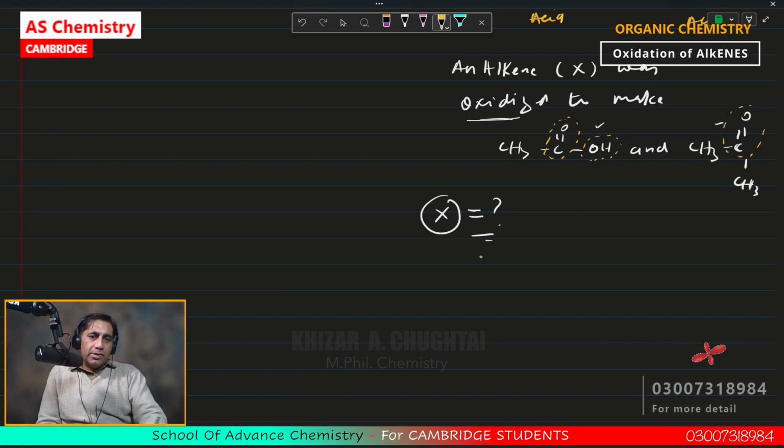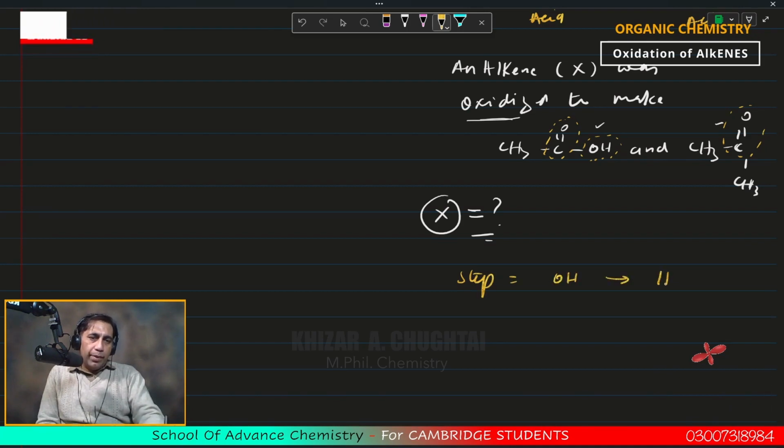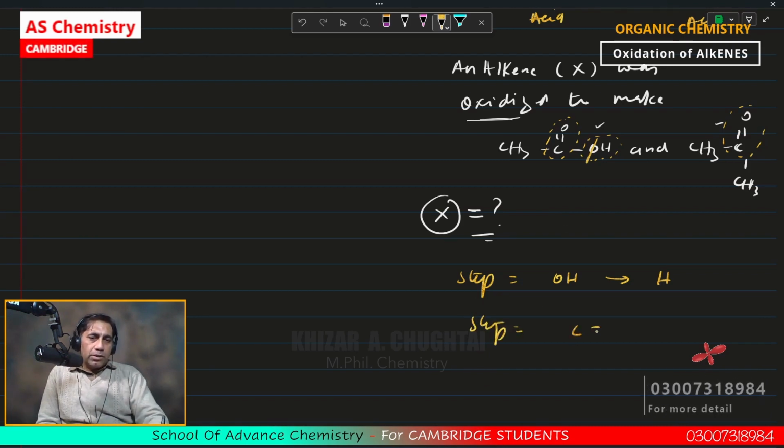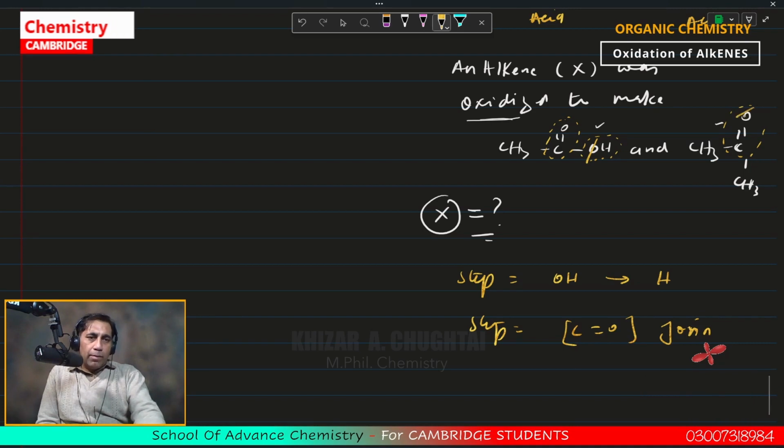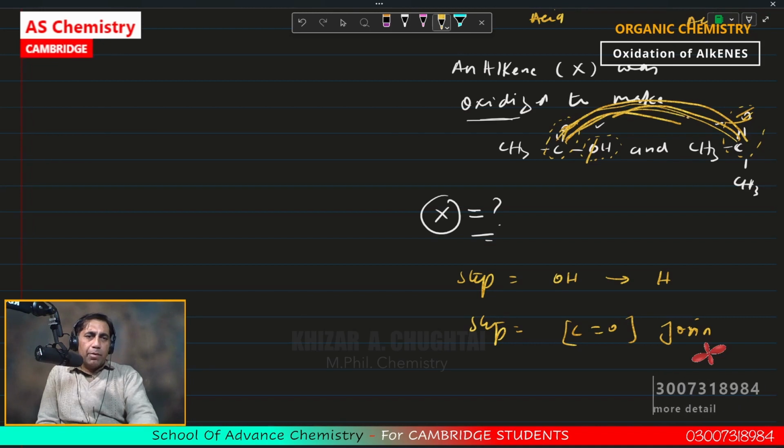So the first step is, I'm going in a reverse way. Step number 1, change OH group into simple H. So I'm going to remove this oxygen. Now, the next step is remove the oxygen of C double bond O and join the carbons. I'm removing these oxygens and joining these two carbons by a double bond.